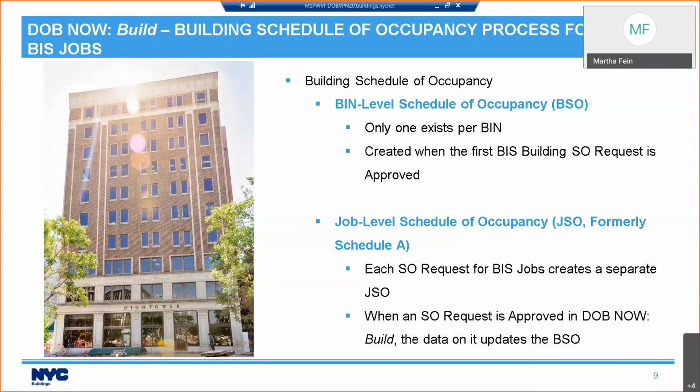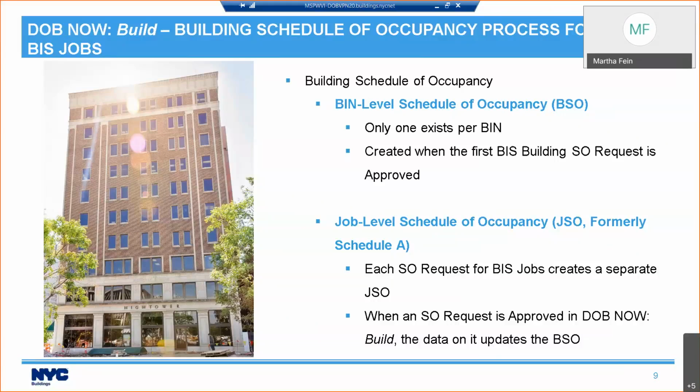So in order to make sure we're keeping this straight, we also talk about the job level schedule of occupancy, the JSO. This is what exactly corresponds to the Schedule A. Anytime someone is doing work on a job and creating a schedule of occupancy, what they do is they create a schedule of occupancy for their job. That's the job level schedule of occupancy.